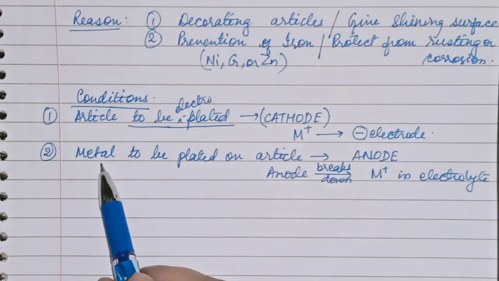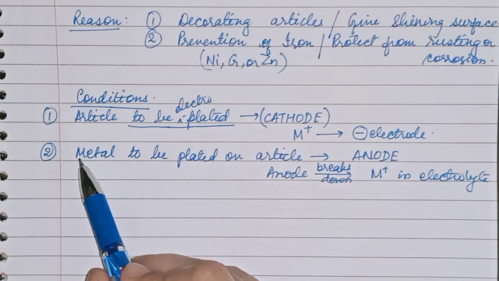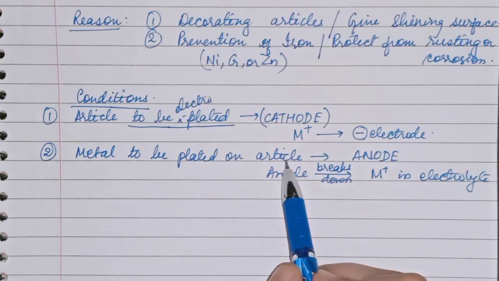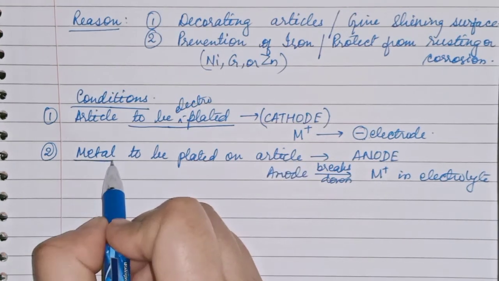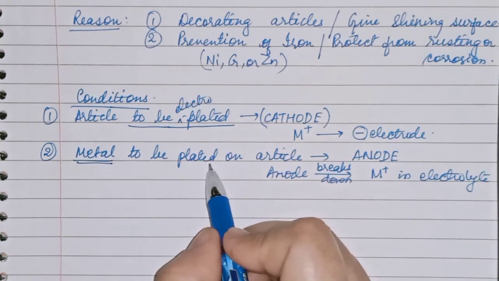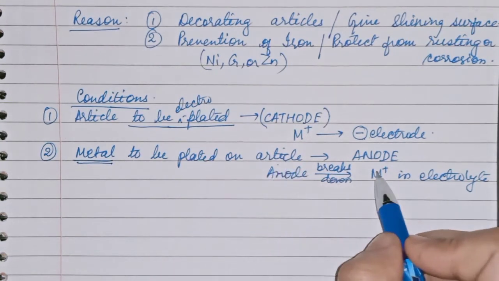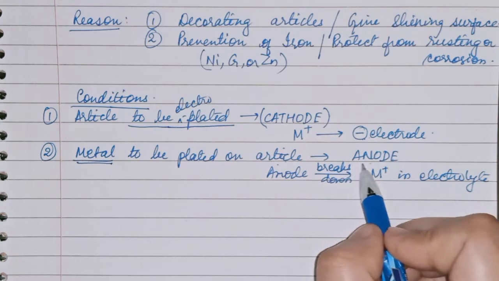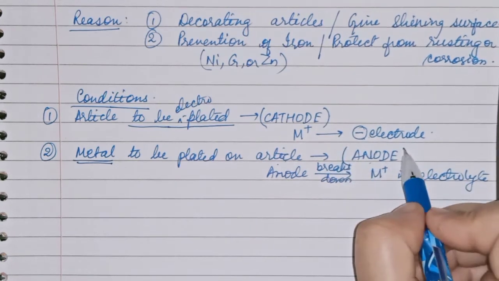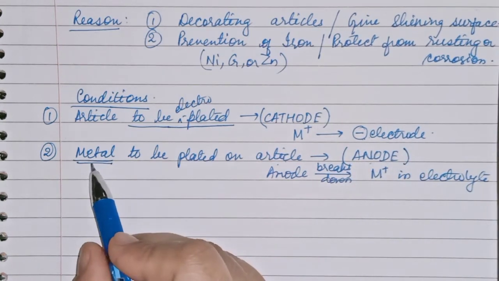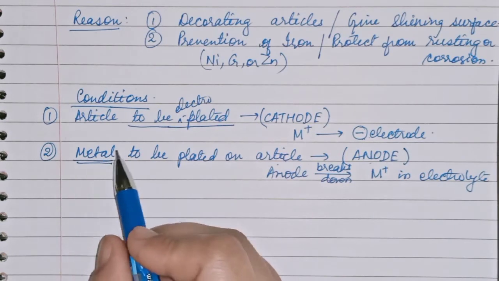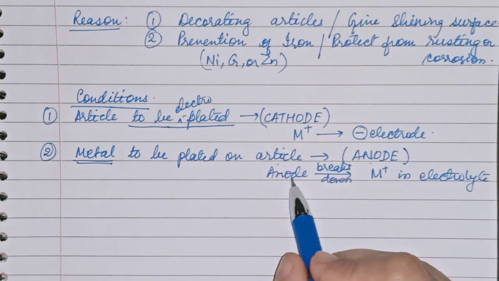The second condition is about the metal we want to be plated on the article. The metal to be plated on the article is taken as the anode. So the anode is made up of that metal which we want to be plated on the article. Why is it like this?